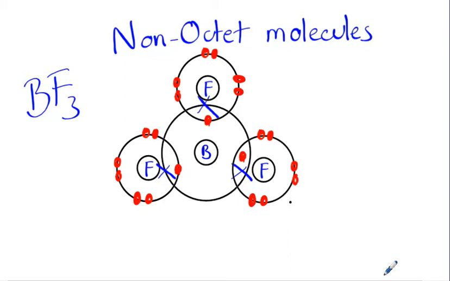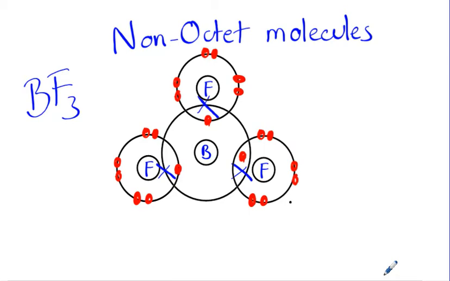So we've got a boron atom in the middle and 3 fluorine atoms around the side. Fluorine is in group 7, so it's got 7 electrons in its outer shell, which are represented by those red dots. So each fluorine atom's got 7 of those red dots.